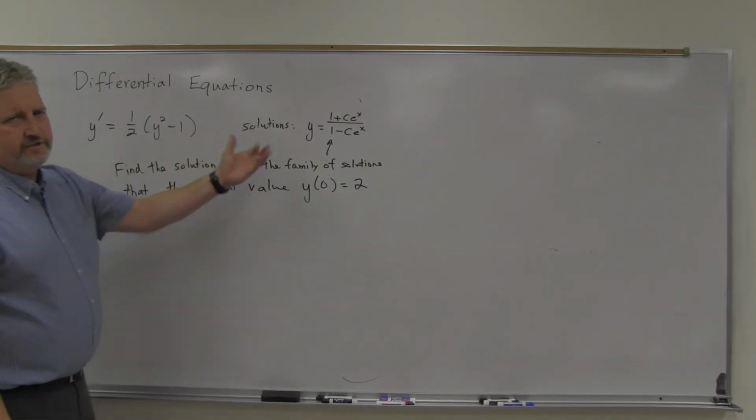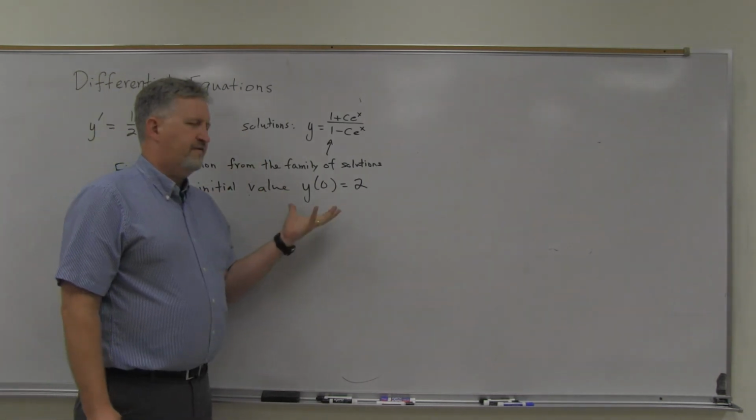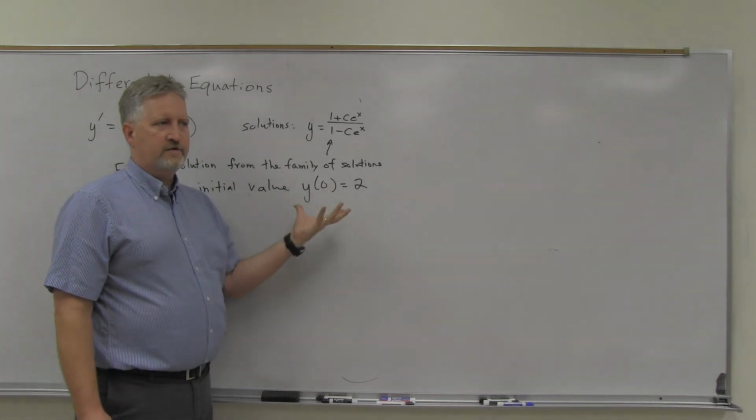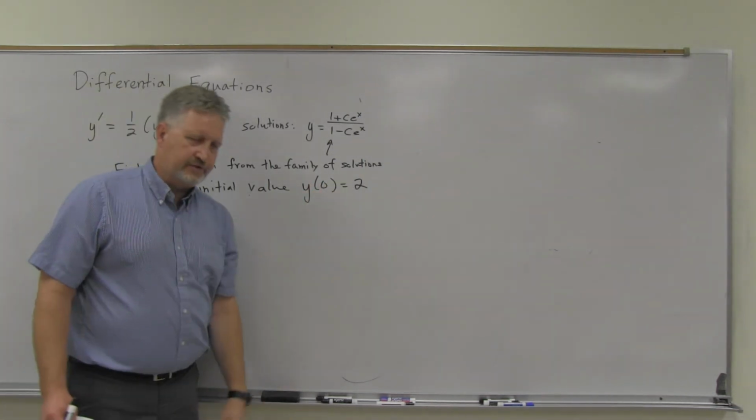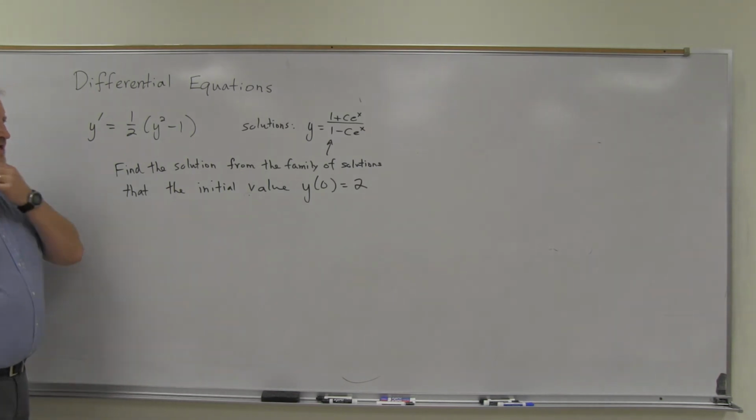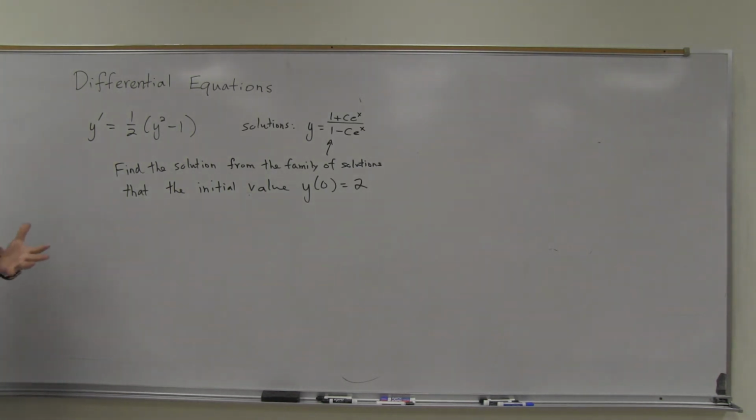So we know these are the solutions, but we want to find the one that has this condition also. Y of 0 equals 2 is how they'll write it. It's a little bit of a funky way of writing it, but it's the very same idea.